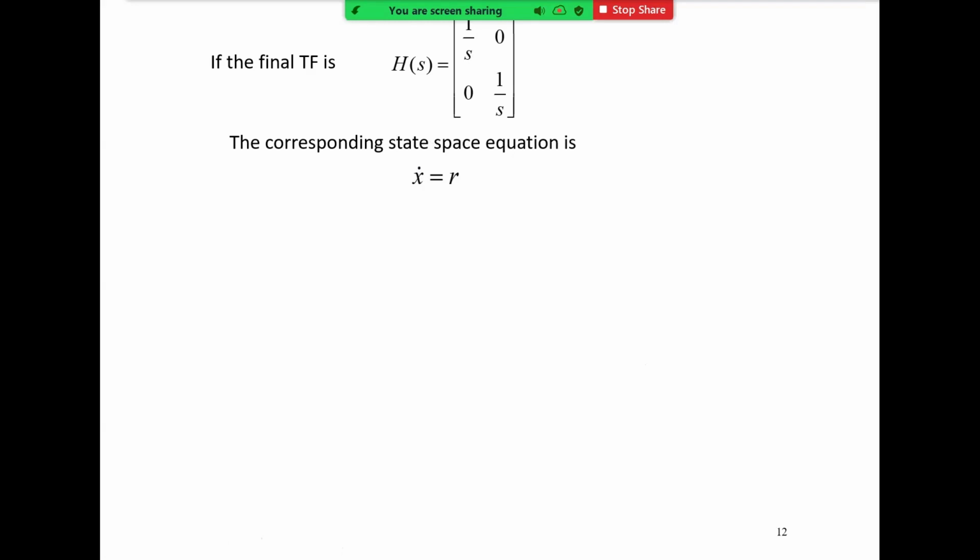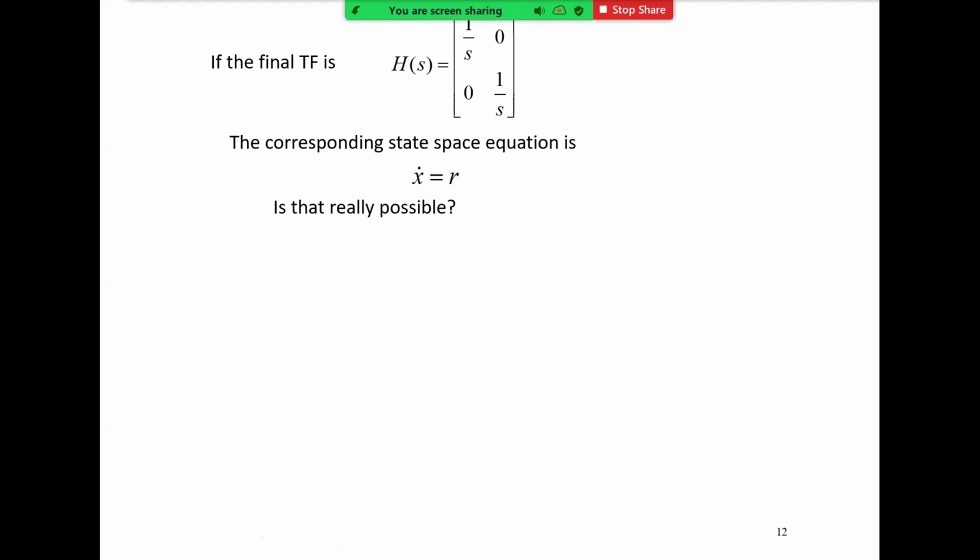Now, if you look at this one, you may wonder, is that really possible? Remember, normally when we talk about the state space model, we have x dot equals Ax plus Bu. Here, it's like A equals 0. There is no Ax.